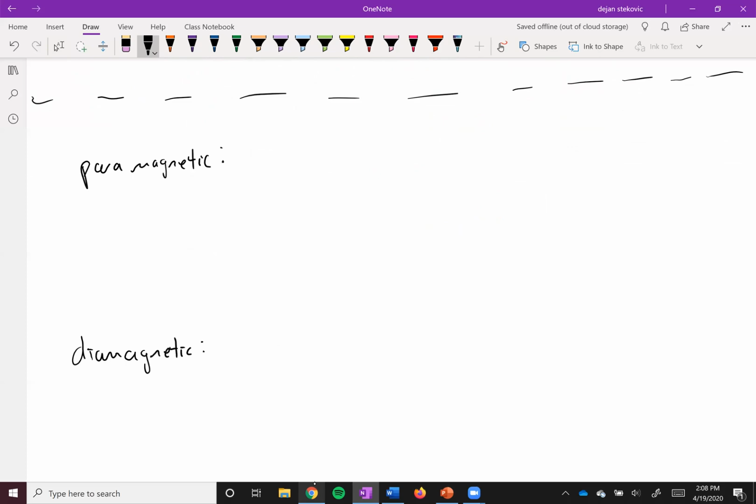So paramagnetic means that it's attracted to magnetic fields. And diamagnetic means that it's repelled by magnetic fields, although to a much smaller extent. So we'll just say here, slightly repelled by magnetic fields.